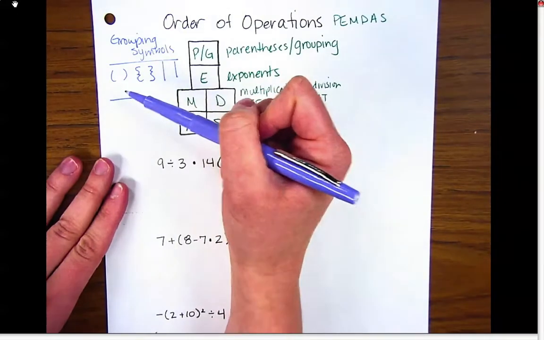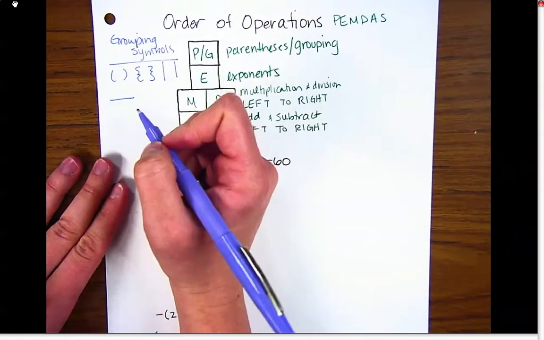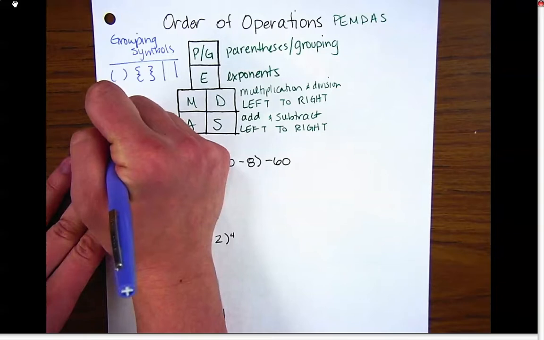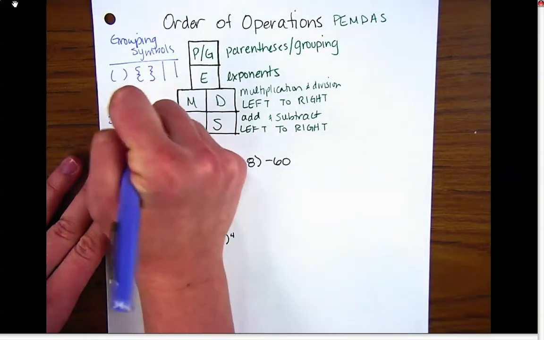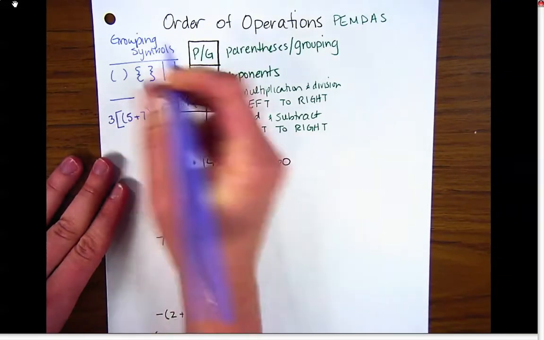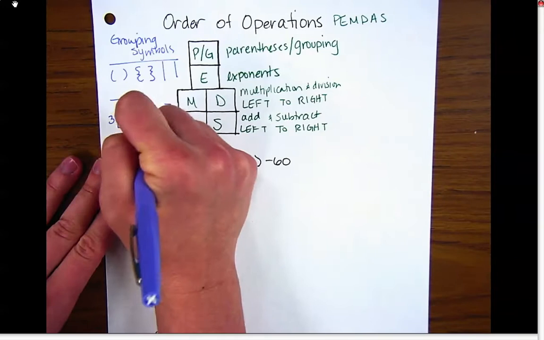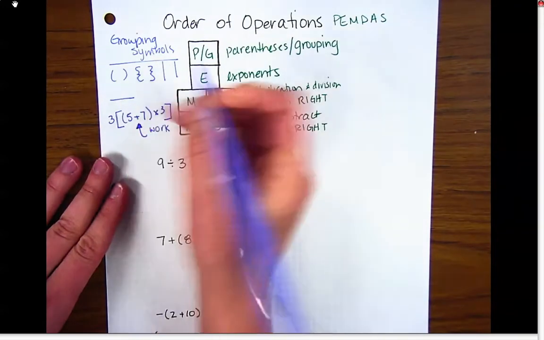Okay? And the other thing I want to say about grouping symbols is you're always going to work from the inside out. So let's say that I have multiple grouping symbols in the same problem. I'm going to start with the innermost grouping symbol, and I'm working from the inside out.